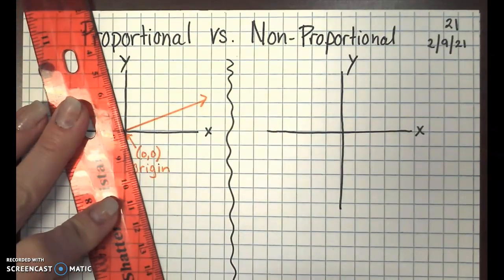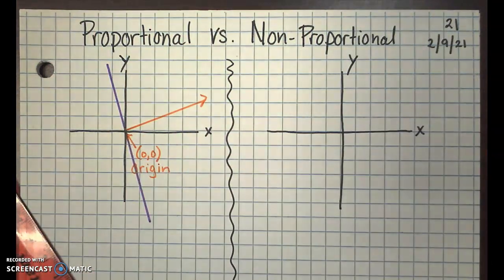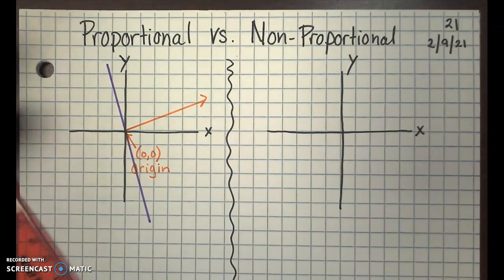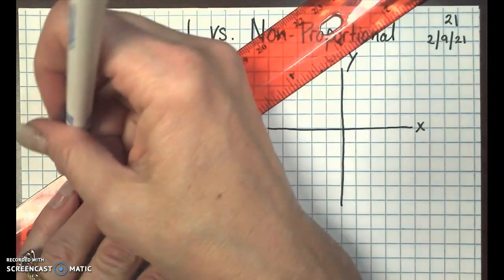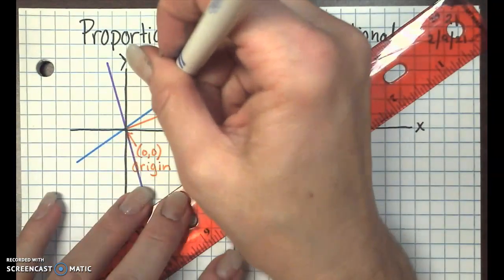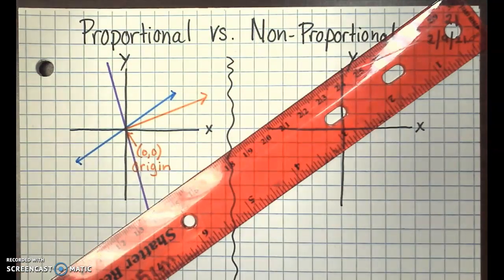Could be like a negative slope that goes through the origin. Okay? And then I'll give you one more example, just because. As long as it passes through 0, 0 or starts at 0, 0, it is proportional.